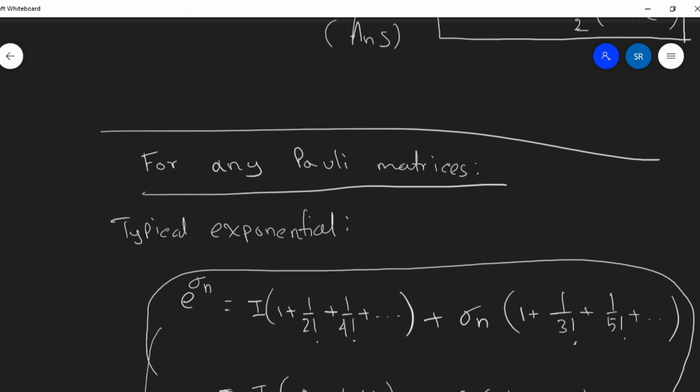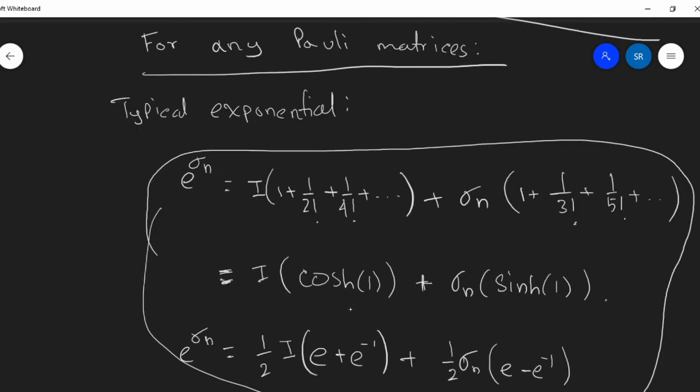So from here we can generalize it and write down cosh of 1 and sinh of 1 for I and sigma n respectively. Finally, from here we can write the value of cosh, which is this, and sinh of 1, which is this, and we end up with a generalized form of a Pauli matrix exponential.